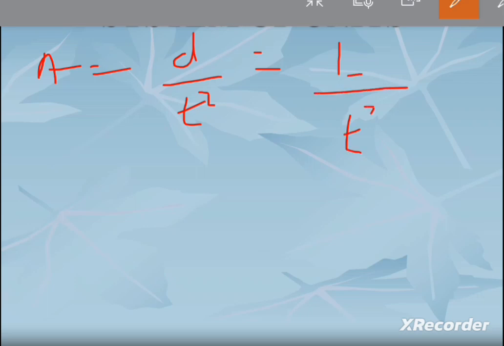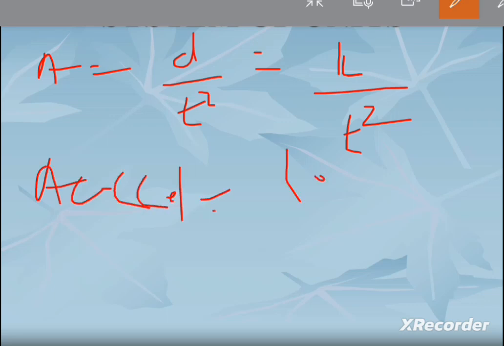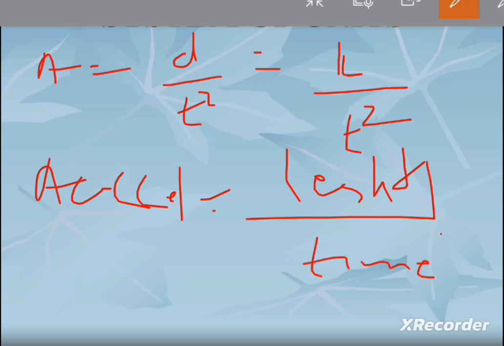So we say that acceleration is equal to d over t squared, and distance is the same as length, L, over t squared. You can express acceleration as length over time squared.